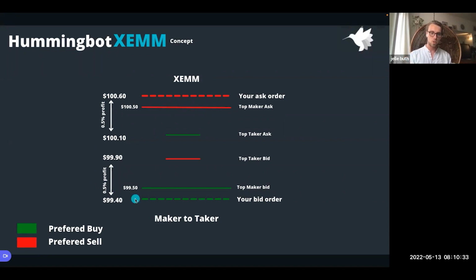And the opposite, of course, works for placing buy orders. It knows it can sell the asset for this price. It will place a maker order 0.5% away from that price. If this order gets filled, because people are buying or selling, it directly hedges the order by placing a taker sell order on this exchange. That's the basic concept.